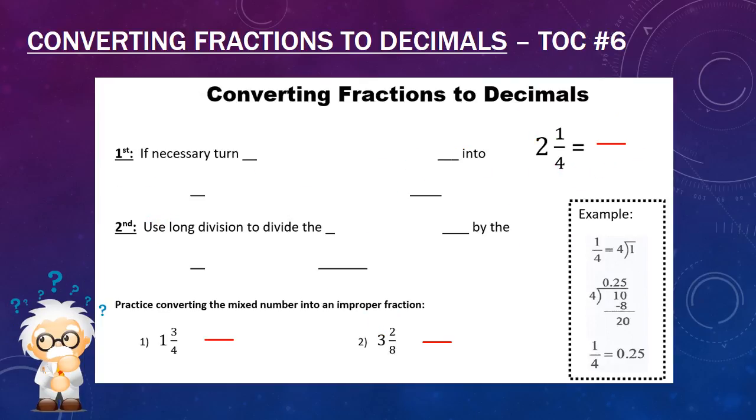All right, let's continue. Sometimes when you're given fractions, you're going to see mixed numbers. So if that's the case, then we have to convert those mixed numbers into improper fractions before we can do the long division.